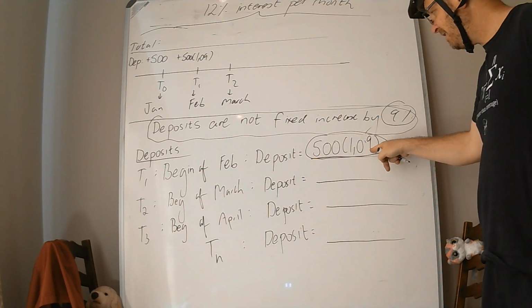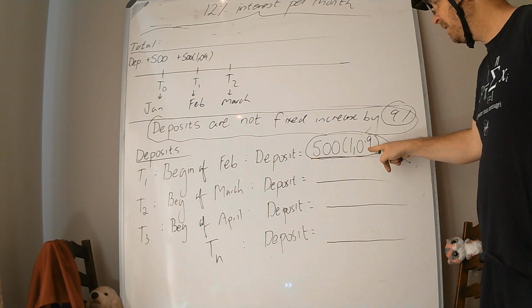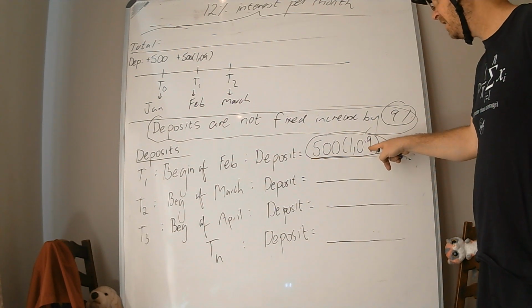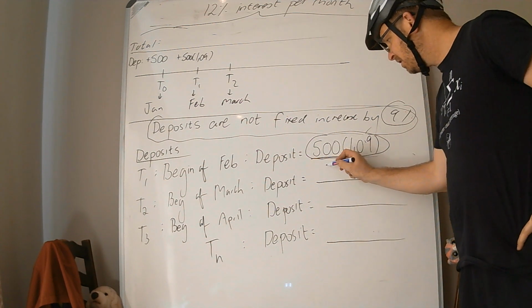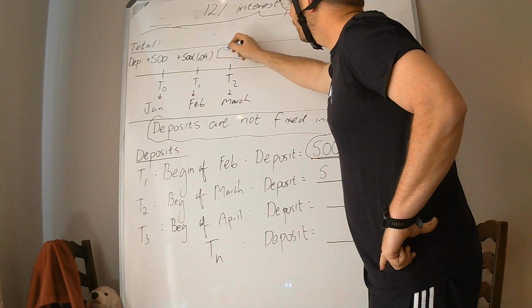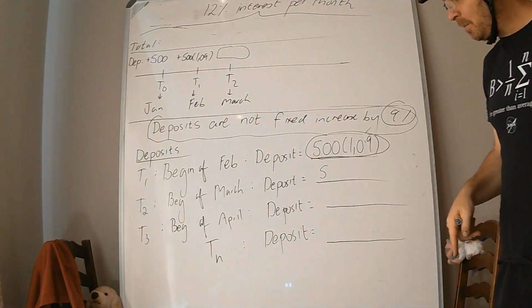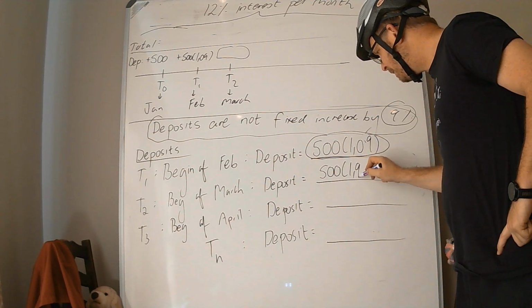So this now amount, your deposit at T1, you have to increase that amount by 9%. So you want to figure out the deposit that goes in here. Well, you apply 9% to that deposit in the previous month. So the deposit in the previous month was 500 times 1,09.